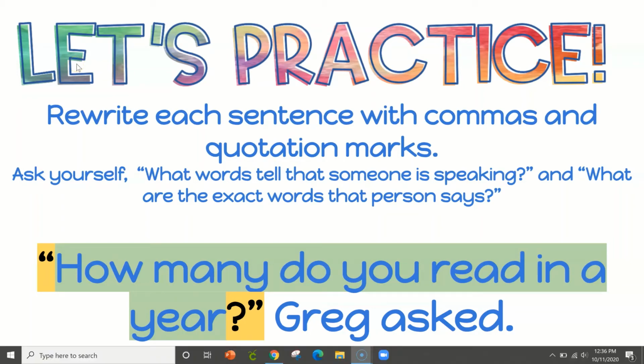Now, normally, there would be a comma where that question mark is to separate the dialogue or the words being said out loud from the tag identifying the speaker. However, because Greg is asking a question here and a question mark is needed, we would replace the comma with the question mark so the reader can fully understand that Greg is asking a question.